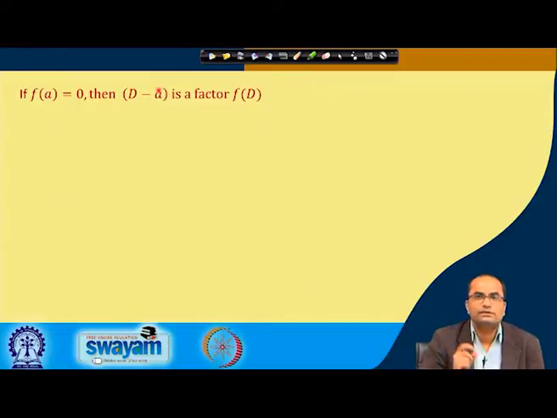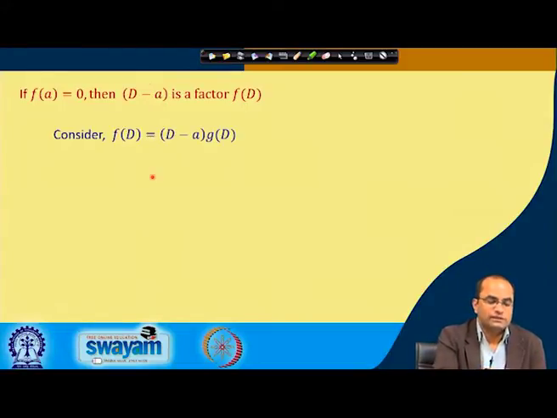It may appear in some power, but there is at least one factor with power 1, D minus a, in this f(D). So, let us just consider that f(D) is nothing but (D minus a) times g(D), the leftover function when we have taken this D minus a out.